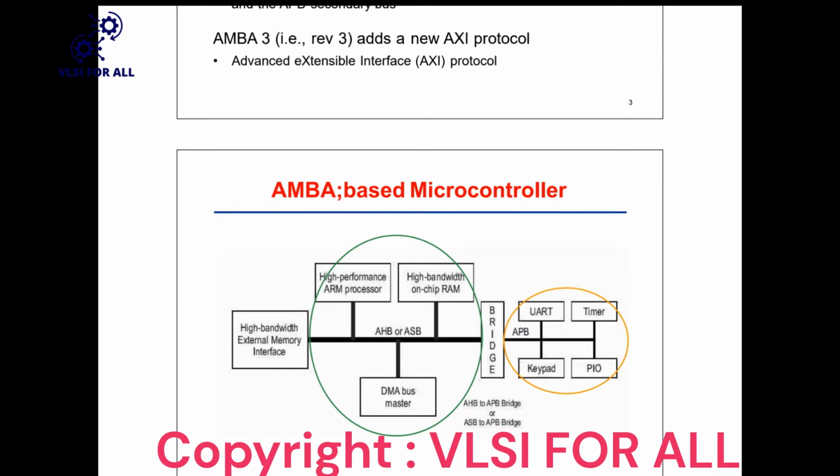But that transaction will be of high performance, and the keypad works at low frequency, so it cannot accept it as it is. There must be a bridge in between. So we have the AHB to APB bridge converter, and that bridge converts the transaction to low frequency and passes it to the APB. Then through the APB bus it gets to the keypad. That is the communication we can imagine.